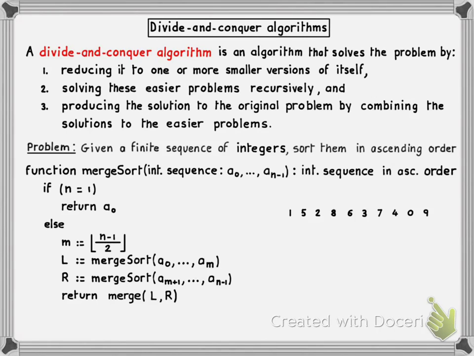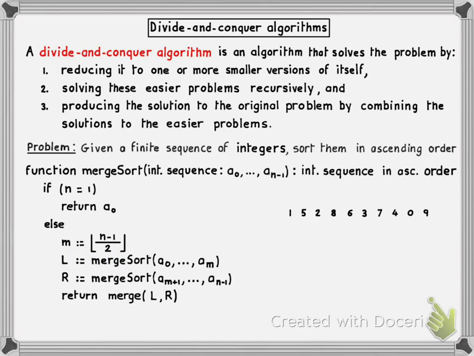So here is one possible instance of the sorting problem. The input is an integer sequence of length 10. Now the first step in solving this sorting problem with a merge sort algorithm is to split this sequence into two subsequences, and this step is performed on this line of the algorithm.